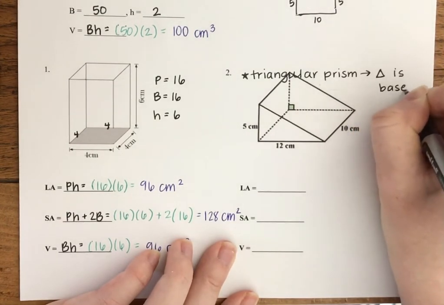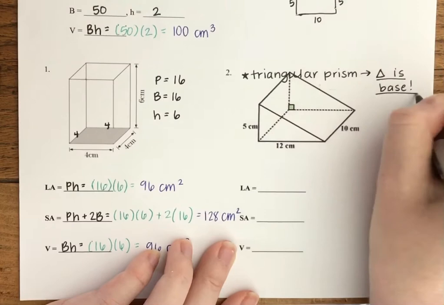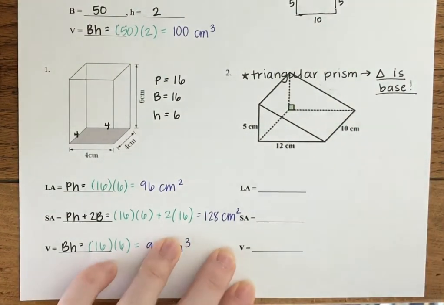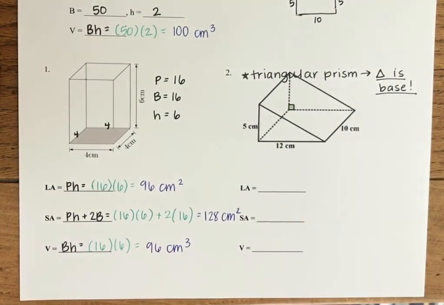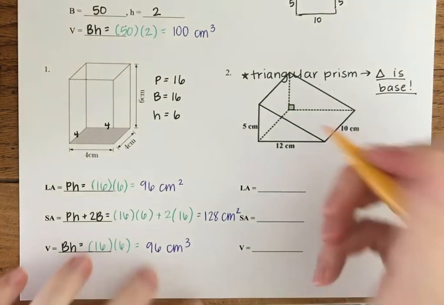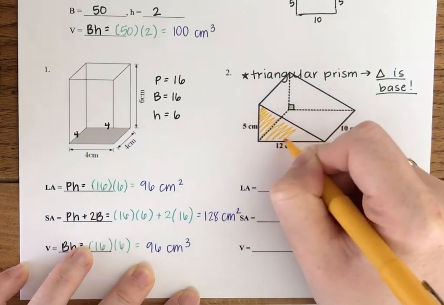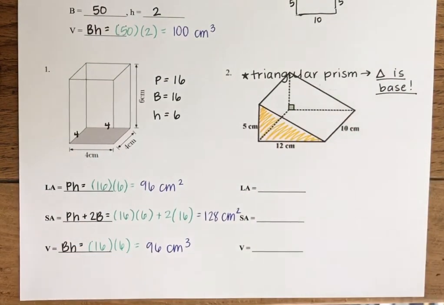Even though this looks like the bottom of it, or it's sitting on that rectangle right there, if it is a triangular prism, the triangle is the base. So I'm gonna shade that in with my yellow right here. This is the base of my prism.